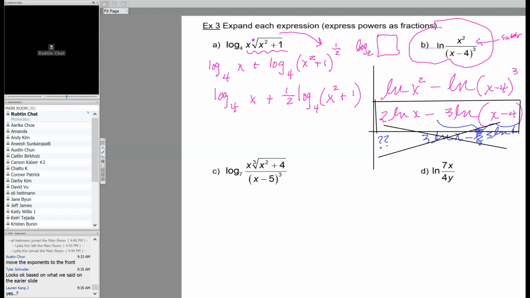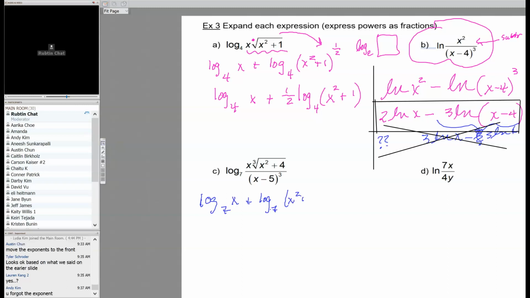That's going to be log base 7 of x plus, I'm going to call this log base 7 of x squared plus 4. No, I'm so glad you said that, Andy. This is supposed to be a cube root.